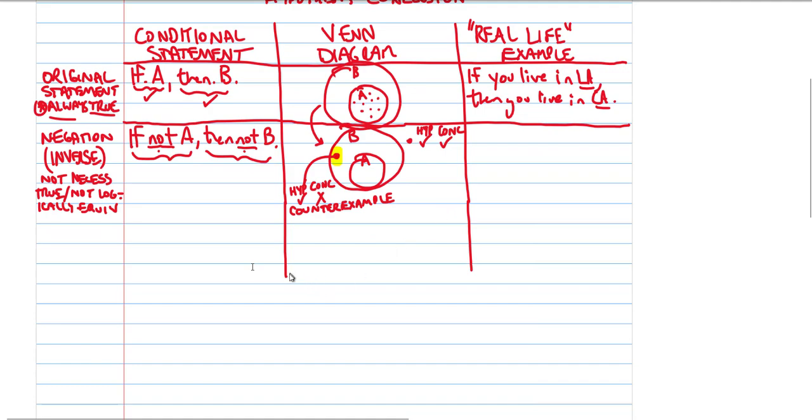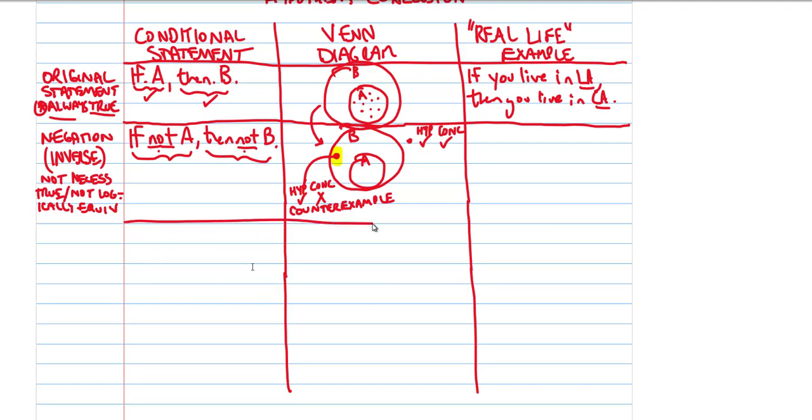They think it's very logical to simply insert some nots in the original statement. But we can see that because there are counterexamples to this if not A then not B statement, that statement is not necessarily true, which means that statement is not equivalent to the original conditional, which we defined as always true.